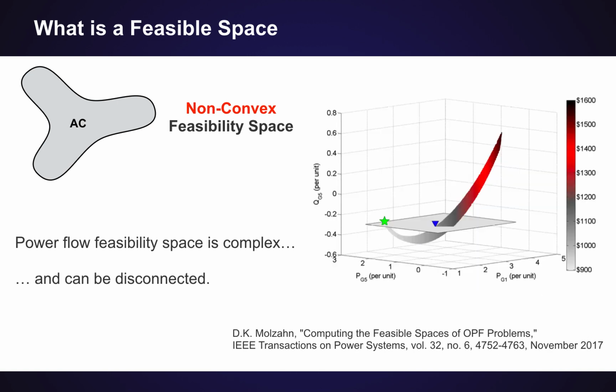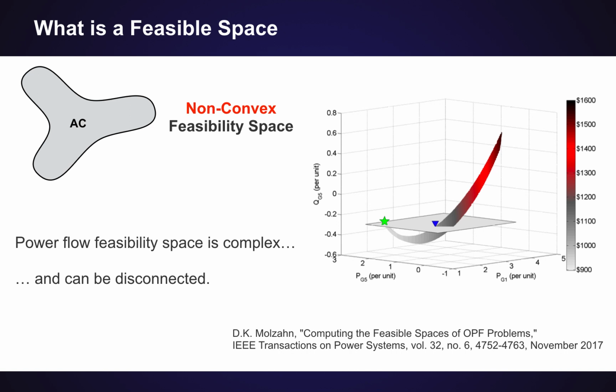Another example of a feasibility space is shown here. This is just to show that the feasibility space of a power flow or optimal power flow problem can be disconnected, although the problem itself is continuous. So what you see here is this Nike swoosh shaped feasibility space, and the plane that is in there is really a limit on the reactive power generation of the generator, which is cutting off all the solutions that are below the plane.